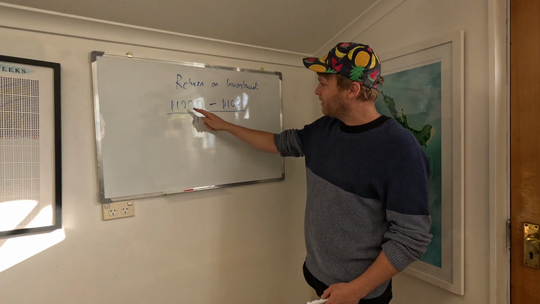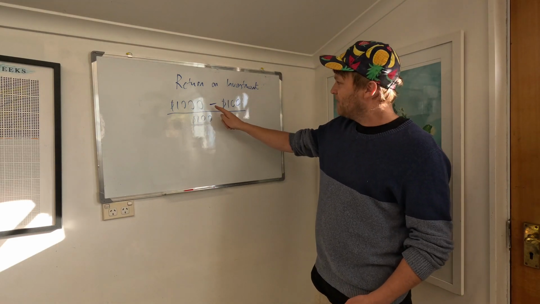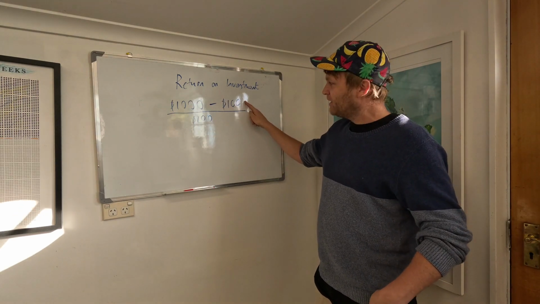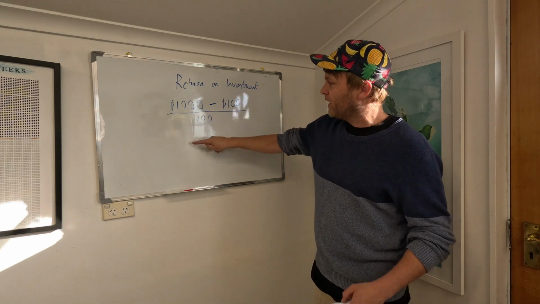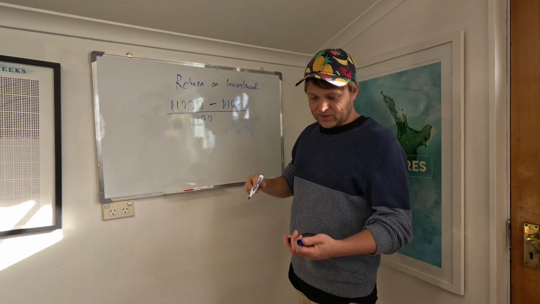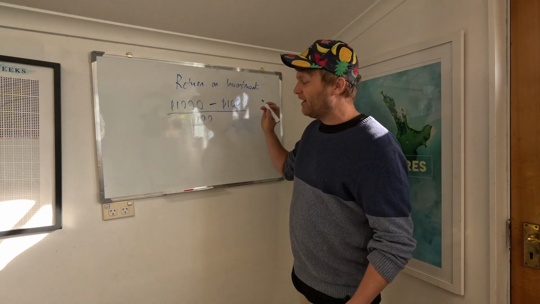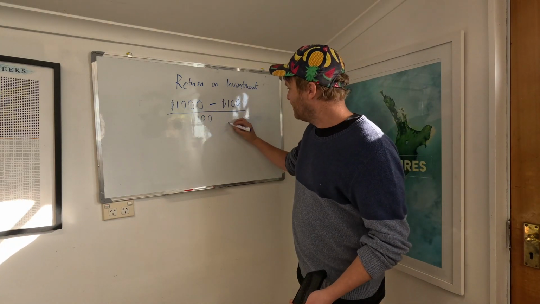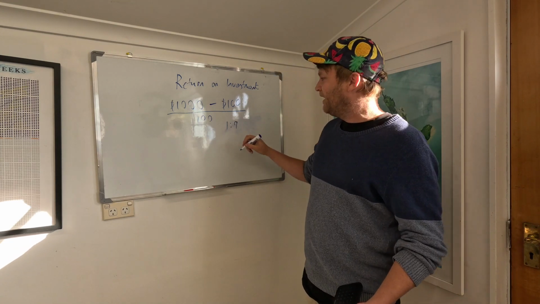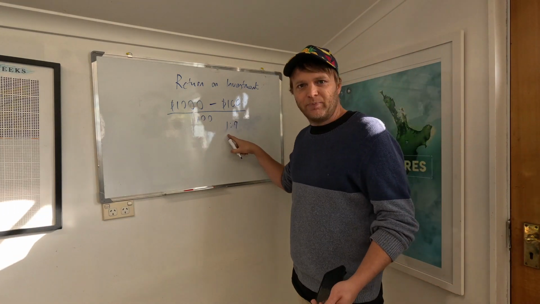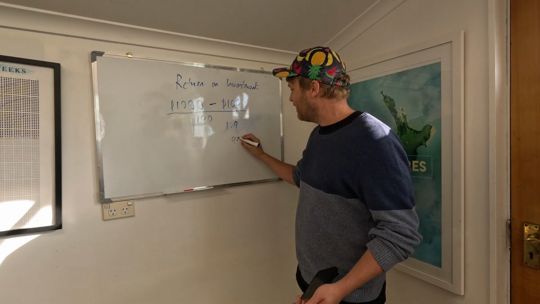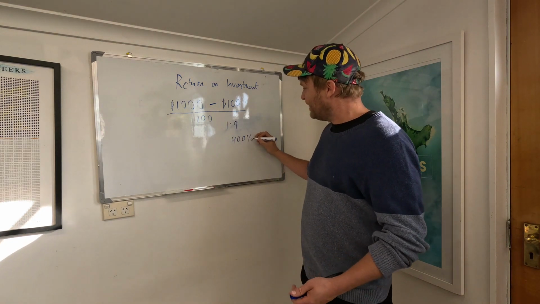So that's the total sales minus the ad spend of $100, divided by 100. So 900 divided by 100, which is a return on investment of 1 to 9. For every $1 we spend, we're making $9, or you could say 900%.